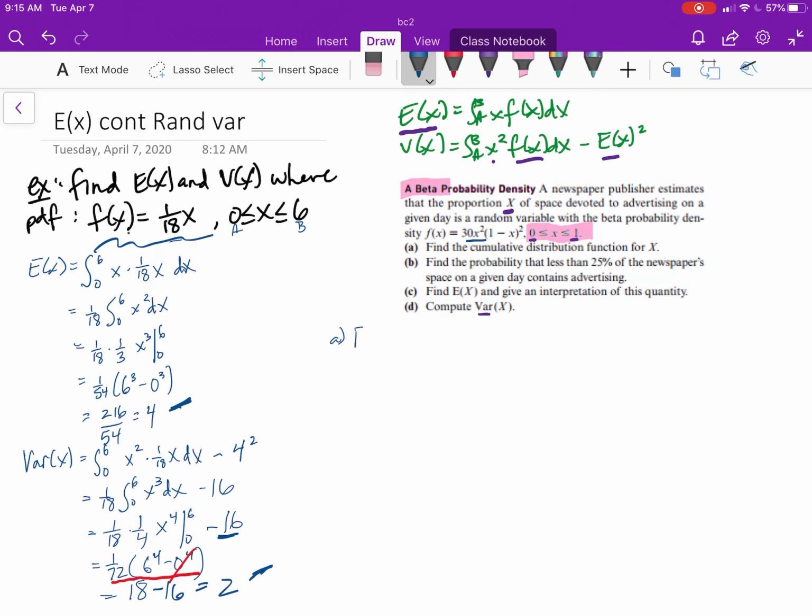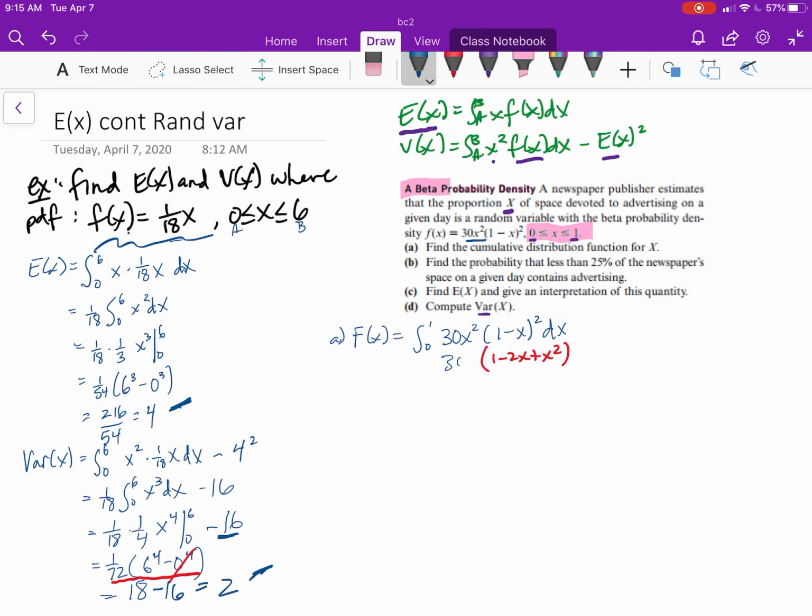So we call the cumulative function a capital F because we're integrating this function, 30x squared times (1 minus x) squared dx. Now, I don't see any u substitution right off the bat, so I'm just going to go ahead and FOIL this thing out. This would be 1 minus 2x plus x squared.